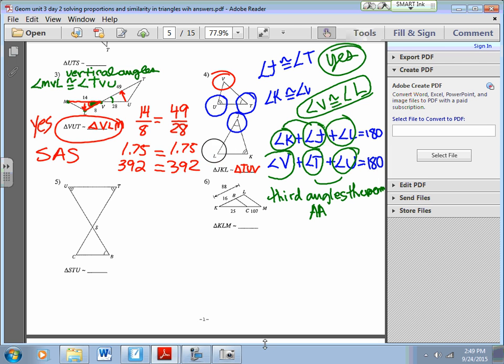I'm going to throw something else at you. Since now I know that these two triangles are actually similar, could I just label this with one arc and this with one arc? Oh, you are correct. If I do that, what am I insinuating with one arc? Yeah, all the ones that have one arc are all equal to each other.